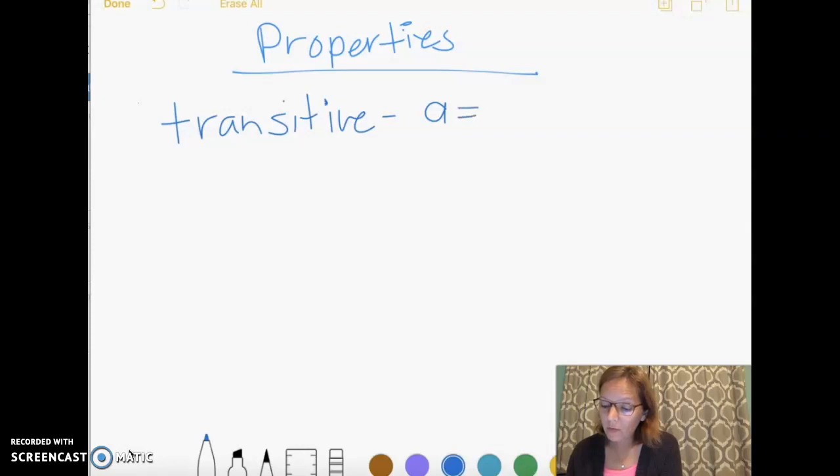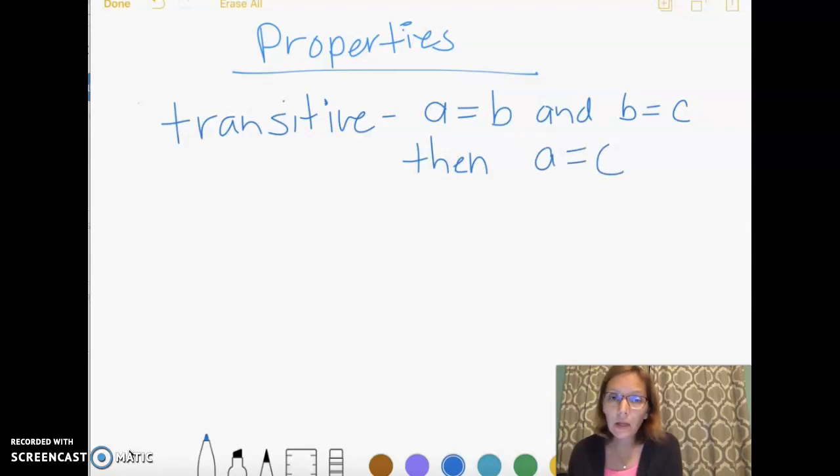If A equals B and B equals C, then guess what? Take out the middleman. The middleman is B because I see B in both equations, right? Take out the middleman and A equals C. That's what this one says. And you could do that with numbers too.